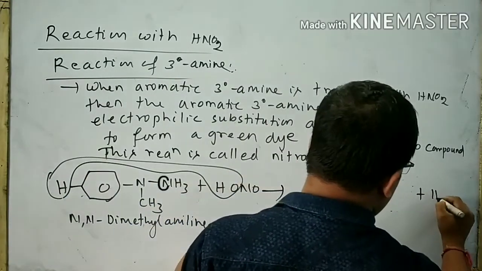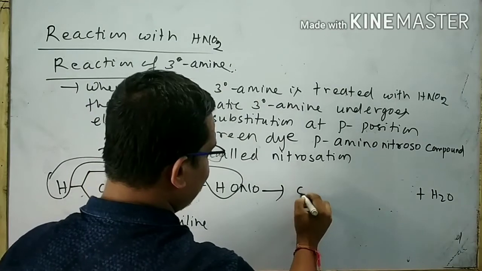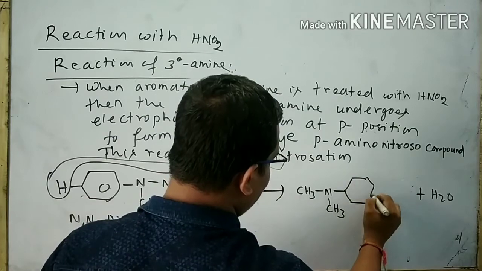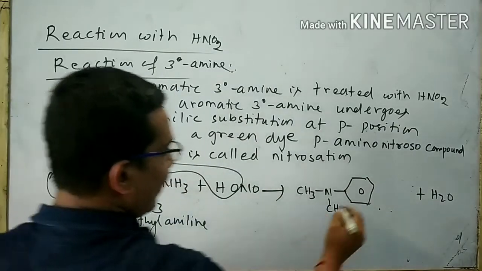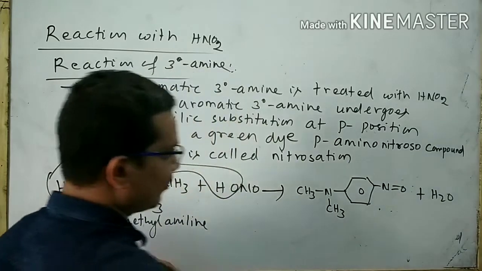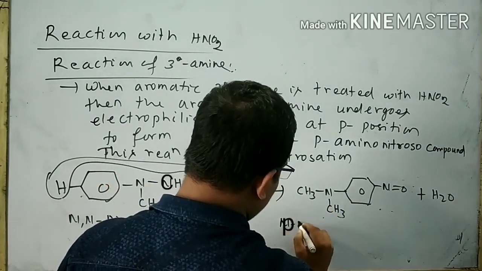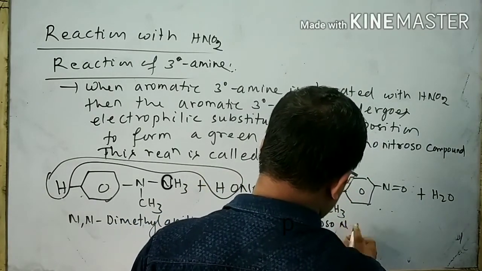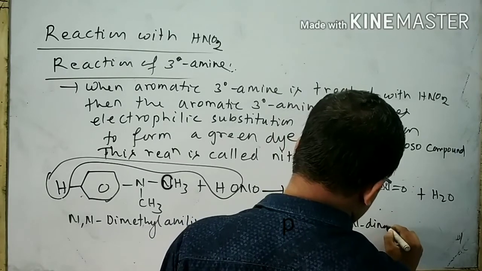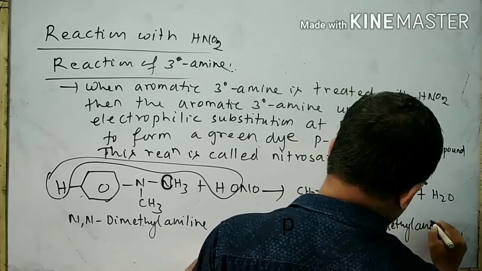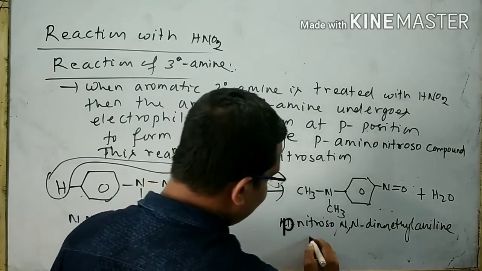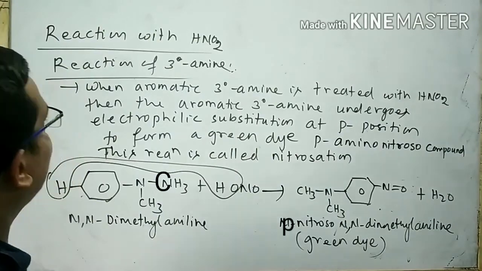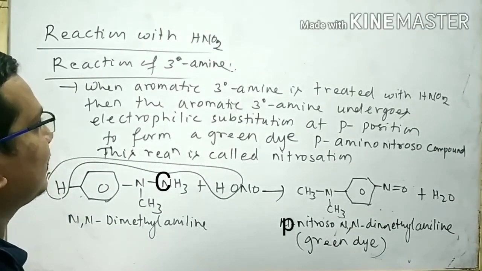The byproduct is H2O, and the main product is CH3, bond N, bond CH3, this is your ring, and here double bond O. The name of this compound is para-nitroso-N,N-dimethylaniline, and this is a green dye. This is all about the reaction of different types of amine with HNO2.